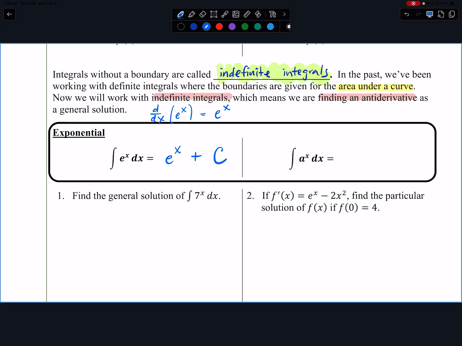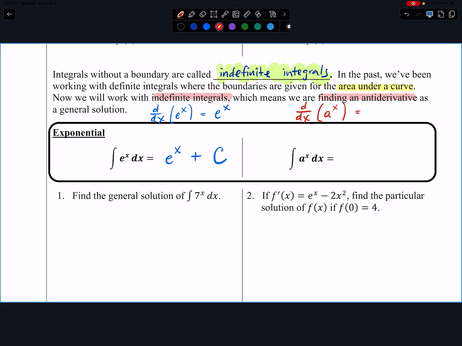Okay. This is not the same thing. So this a stands for any number, 2 to the x, 4 to the x. This is an exponential function. So before we do the integral, let's do the actual derivative. That's what I did not teach you guys in the fall. Okay? The derivative of a to the x. You guys ready?